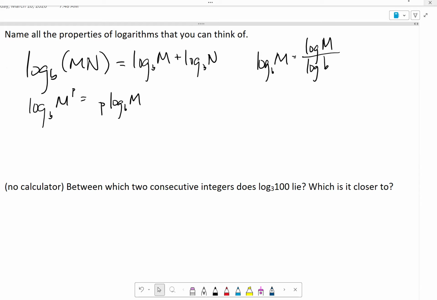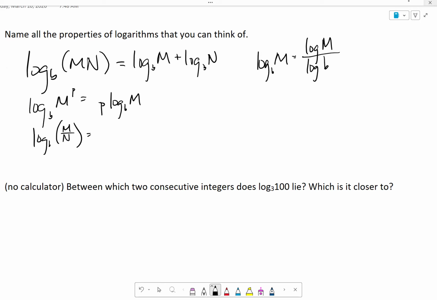Kieran, what's another thing? Log base b of m over n equals log base b of m minus log base b of n. Log base b of m, is that what you said? Are we good?